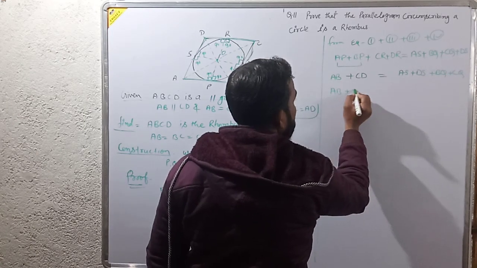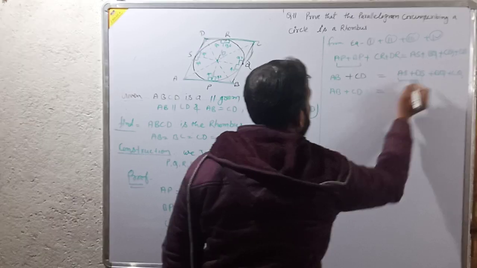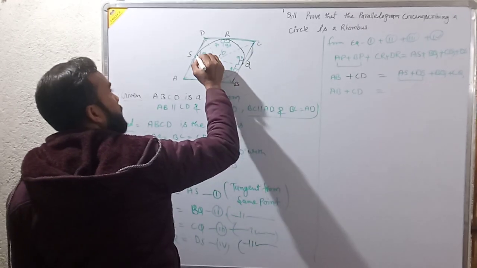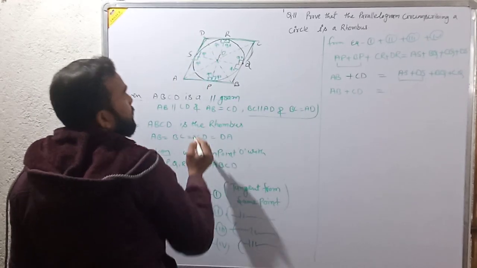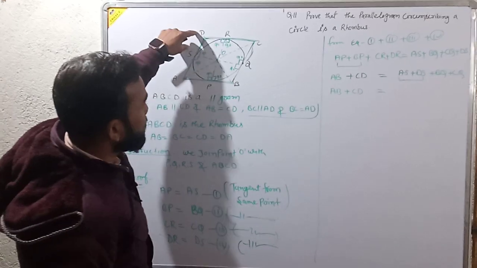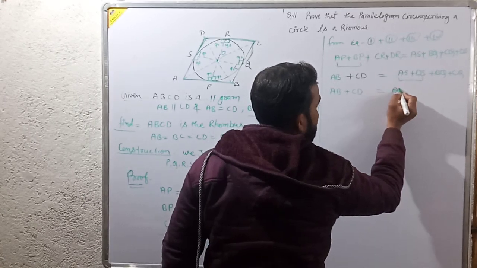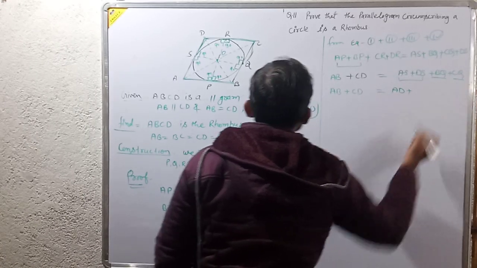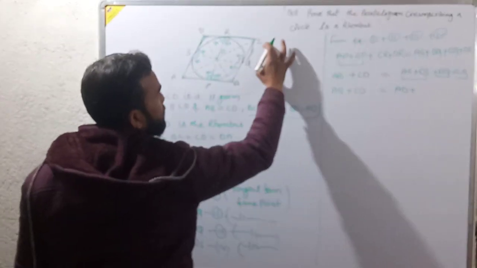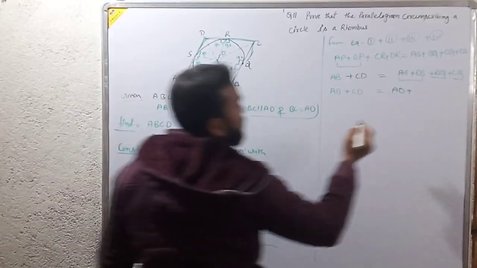AS plus DS is equal to AD, and BQ plus CQ is equal to BC.